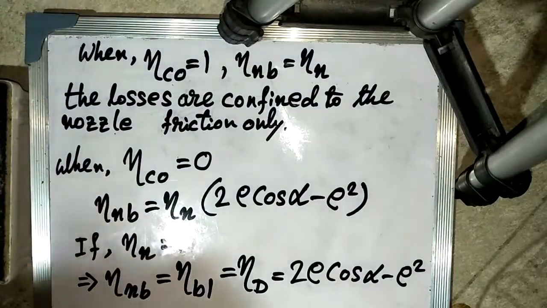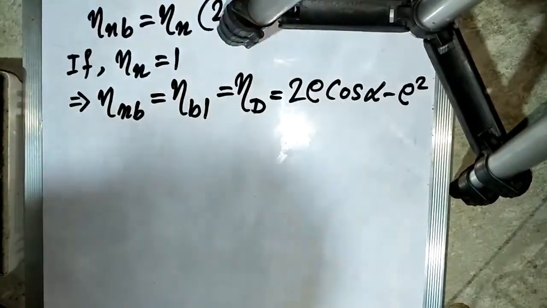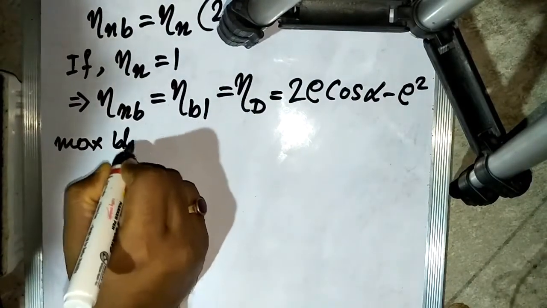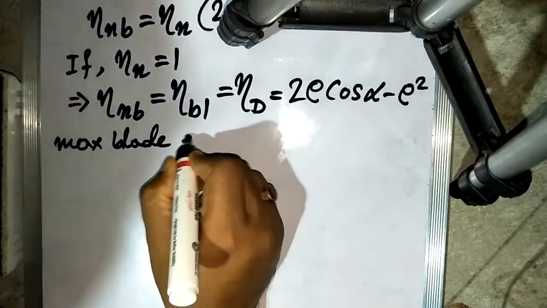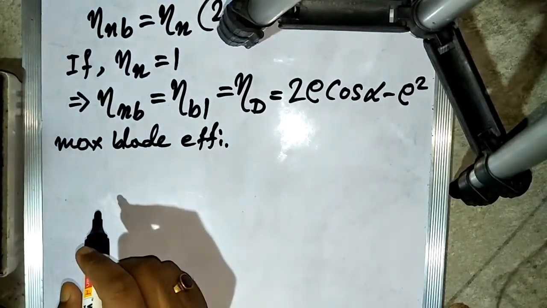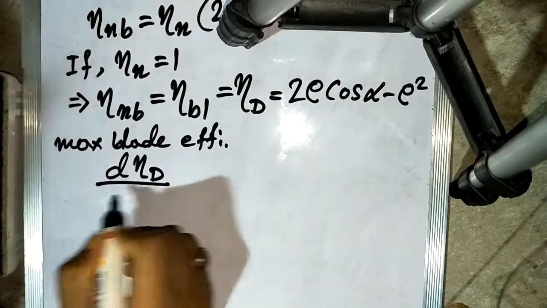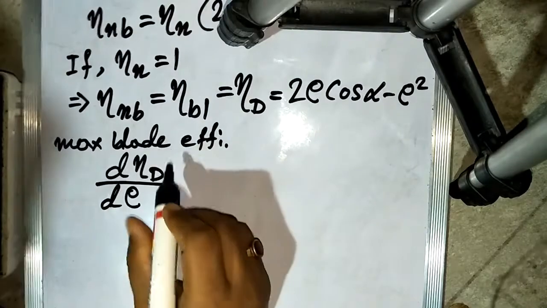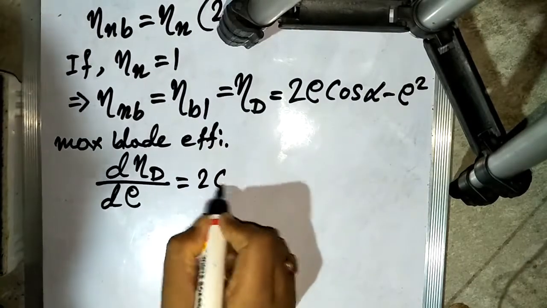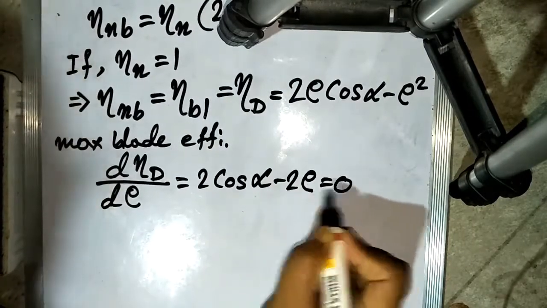Now for maximum blade efficiency, we have to differentiate this eta d with respect to rho, and equate it to 0.